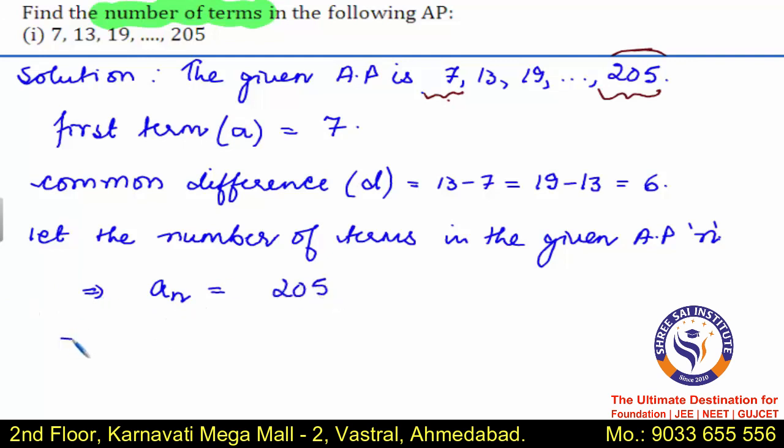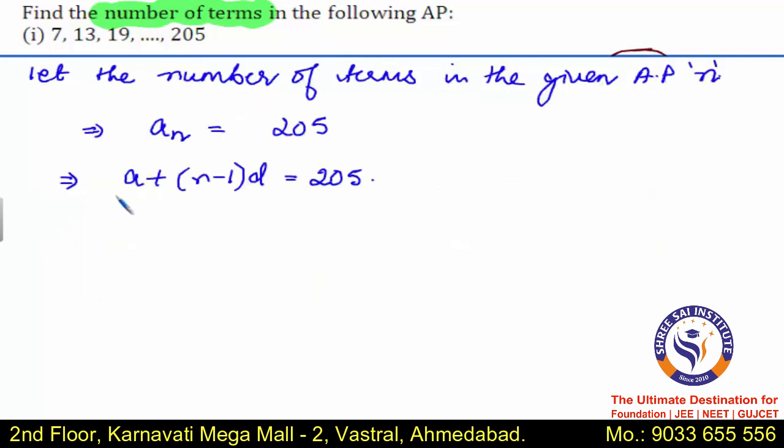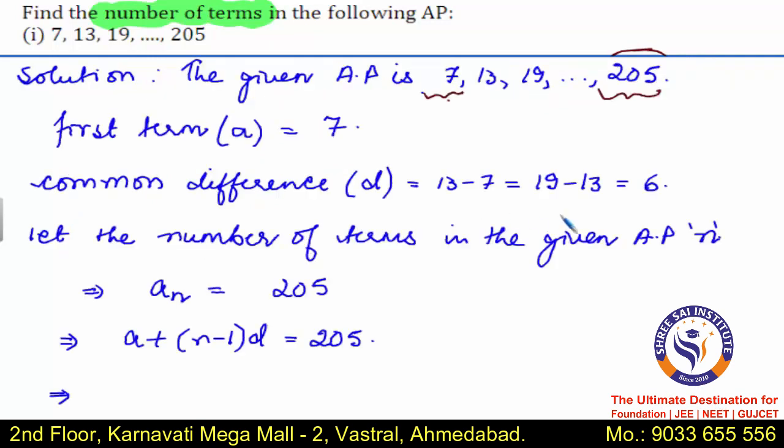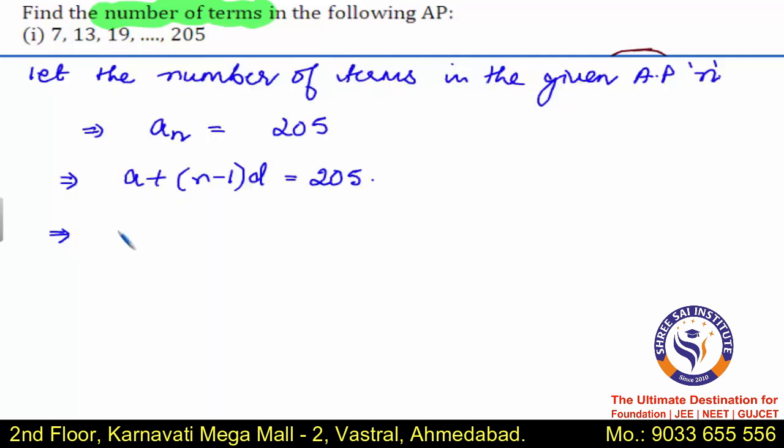Now the nth term is given by a plus n minus 1 into d, where a is the first term and d is the common difference. Now substituting the values of a and d, a is equal to 7 and d is equal to 6. This implies 7 plus n minus 1 into 6 is equal to 205.